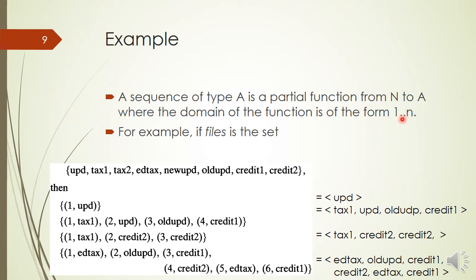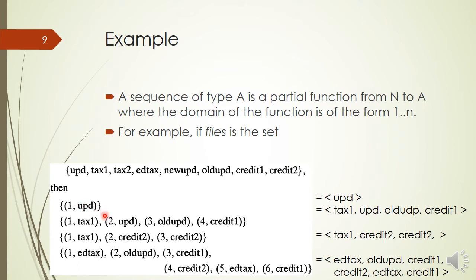For example, we have a set files containing these elements which are listed in that set, and there are many sequences possible, and a few sequences are listed below. The first sequence is one, update, which represents that the index of the element update is 1, and this is the angle bracket representation for the same partial function.